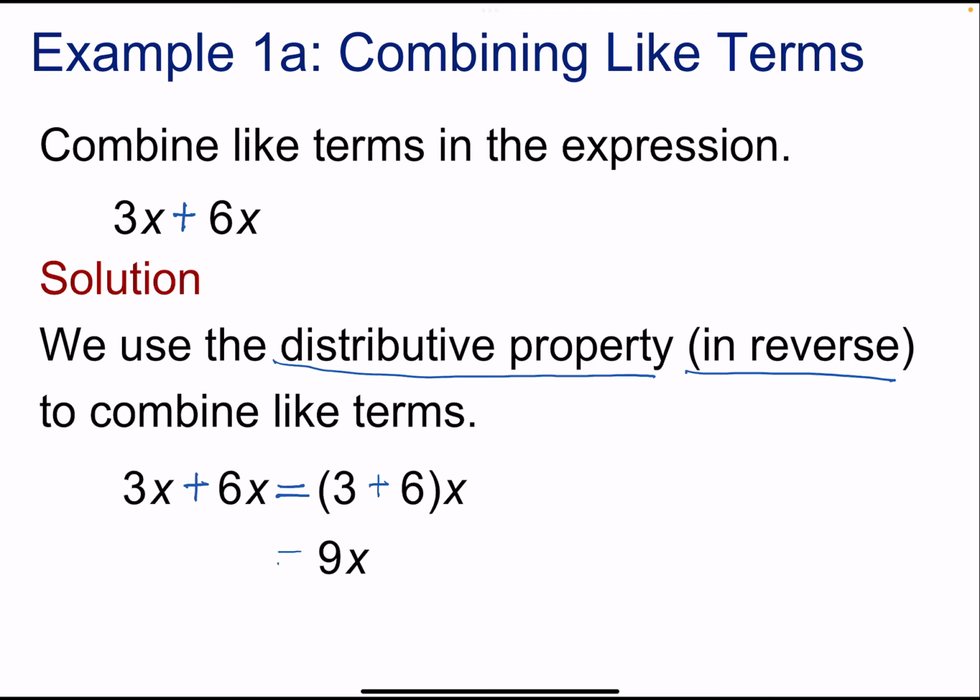And obviously this is equal to 9x, because the coefficient of the first term is 3, the coefficient of the second term is 6. So you combine their coefficients, 3 plus 6, times x. 3 plus 6 is 9, times x.